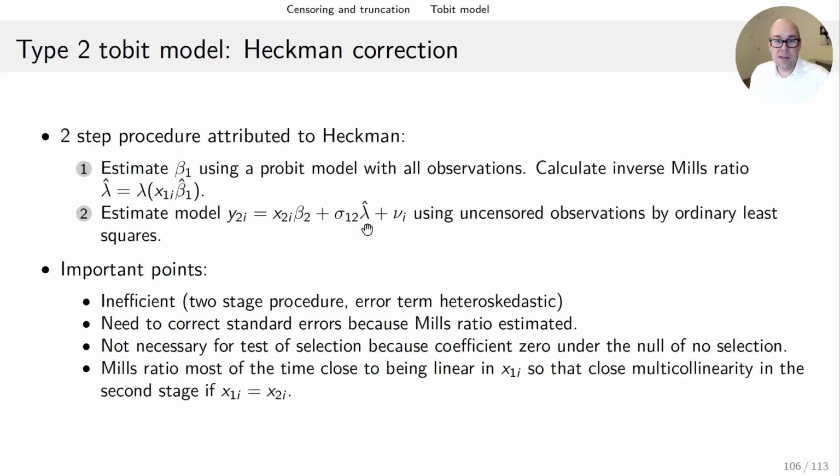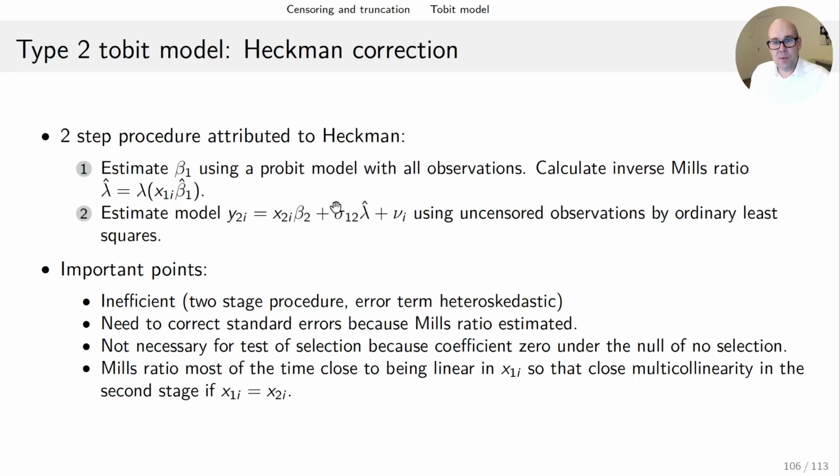And that will give us consistent estimates of beta 2, because the expectation of this remaining error term is going to be 0 conditional on x2i and conditional on that Mills ratio term. Okay, so that's why this works.